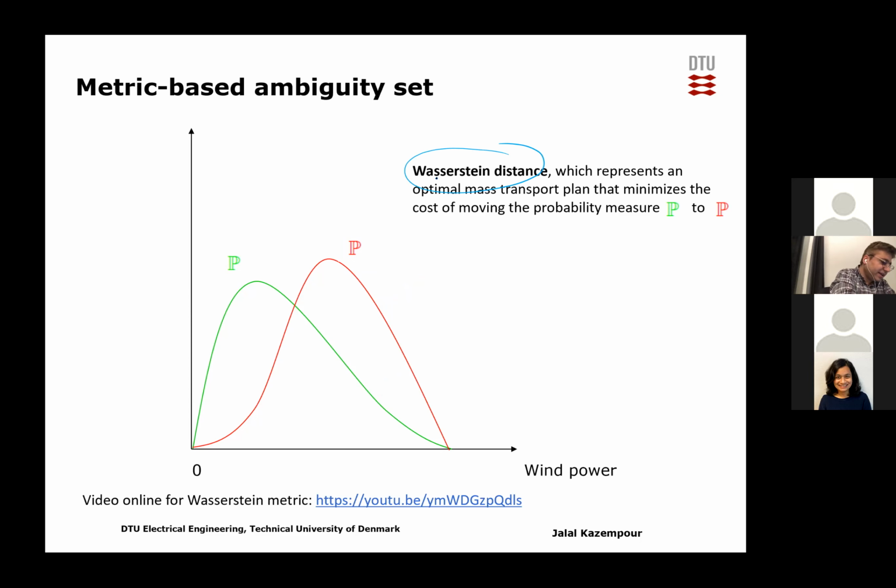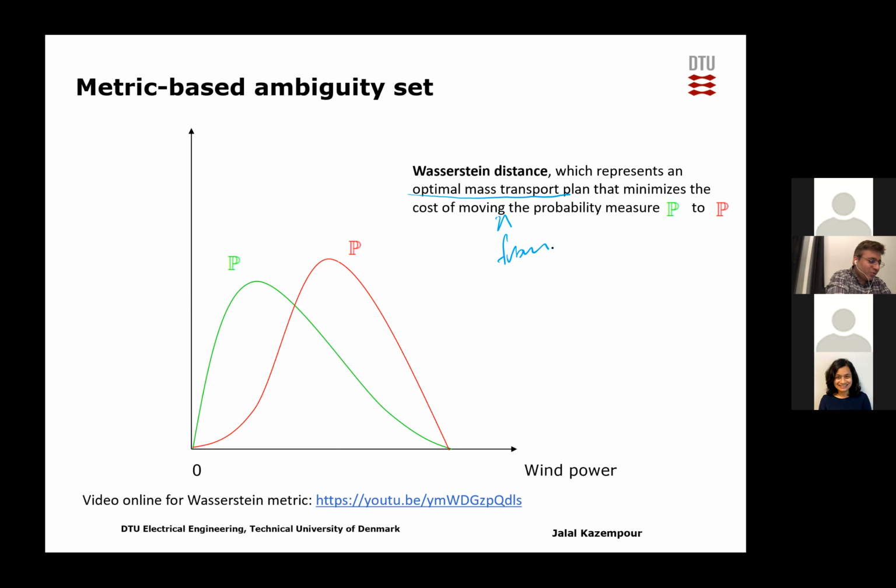In general, the Wasserstein distance represents an optimal transport plan that minimizes the cost of moving the probability measure from green P to the red P. There's a very nice slide in presentations of Professor Daniel Kuhn that shows how the Wasserstein distance works.